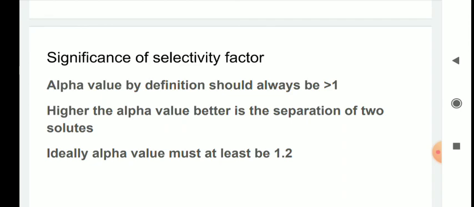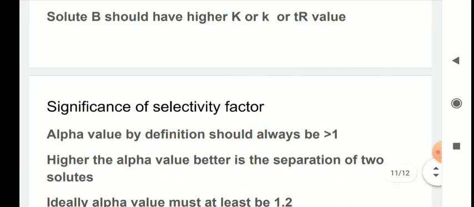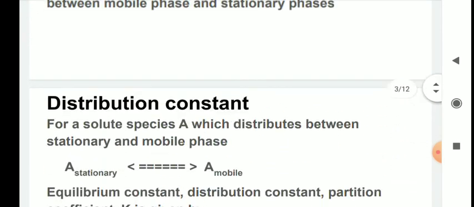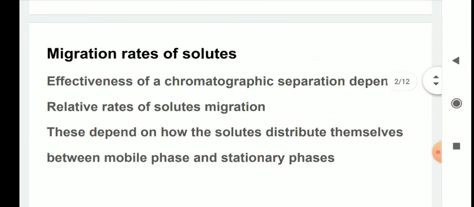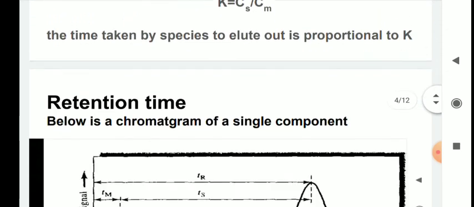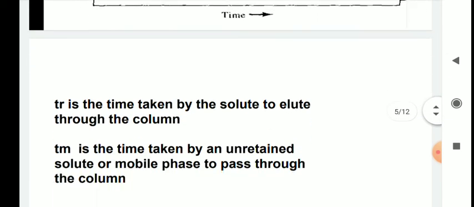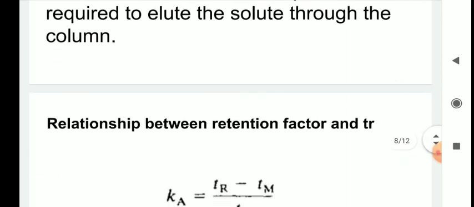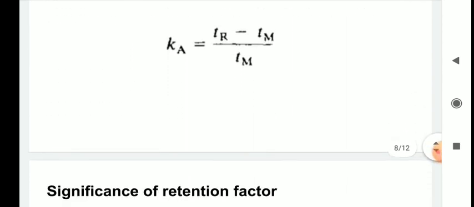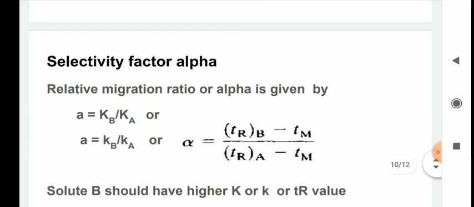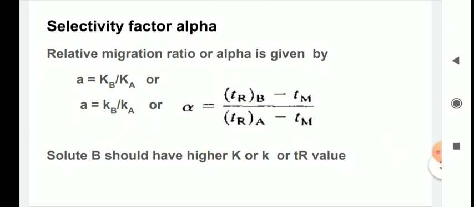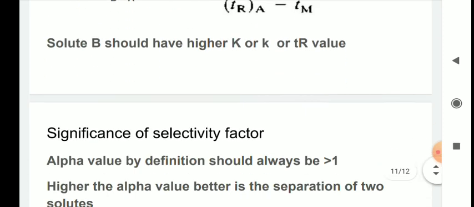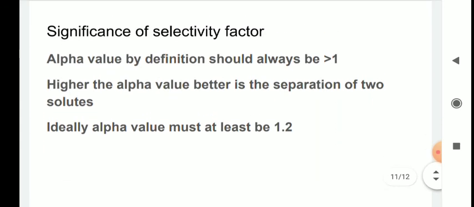So this is what we have studied today: the retention time, the distribution constant, then we have seen the retention factor and its significance, then we have seen the selectivity factor alpha and its significance.